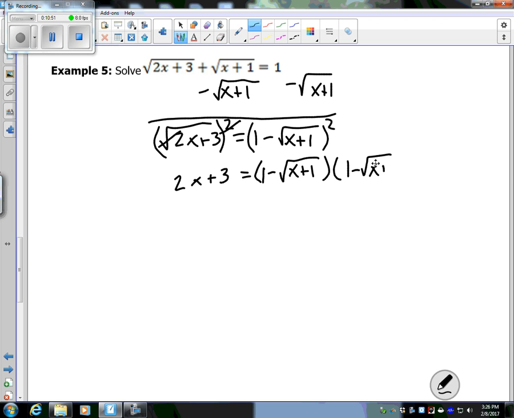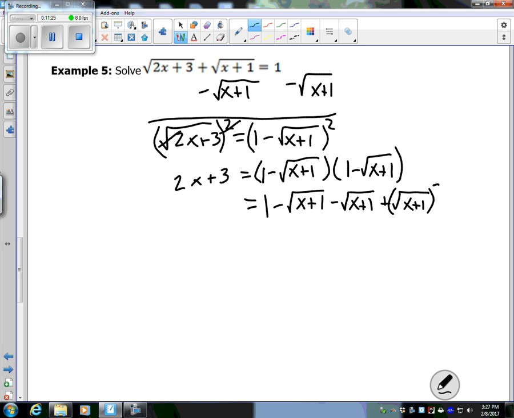So on the right side we have 1 times 1 is 1. 1 times the negative square root of x plus 1 is a negative square root of x plus 1. Negative square root of x plus 1 times 1 is another negative square root of x plus 1. And negative square root of x plus 1 times a negative square root of x plus 1 is a positive x plus 1, since the square root goes away.